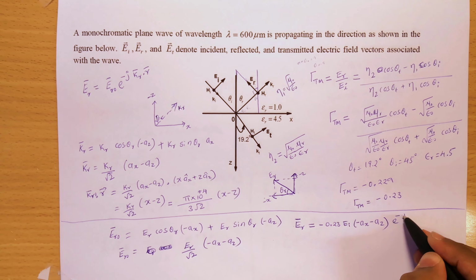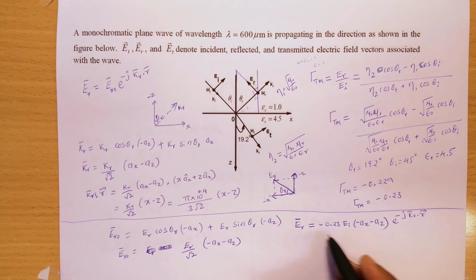expression of minus j kr dot r. So this is ei, which can be given in terms of the previous expression, which we have already solved.